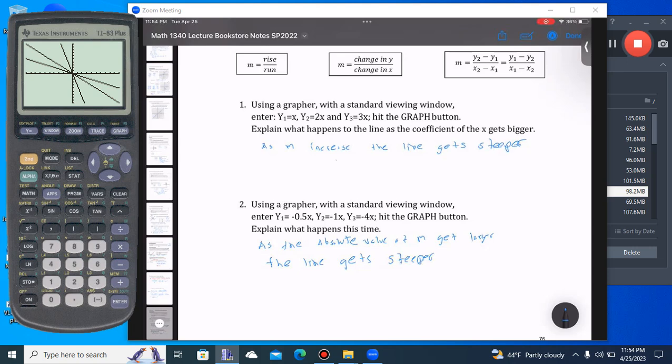And notice with this, the line having a slope that's negative, the line is downhill from left to right.